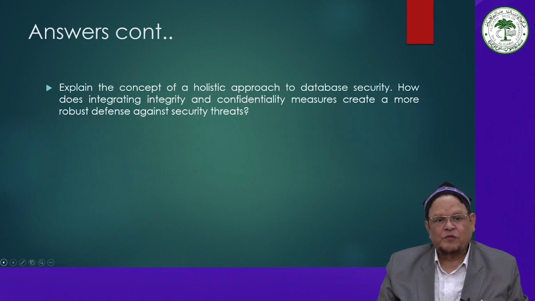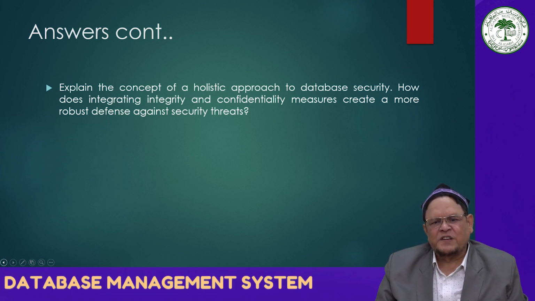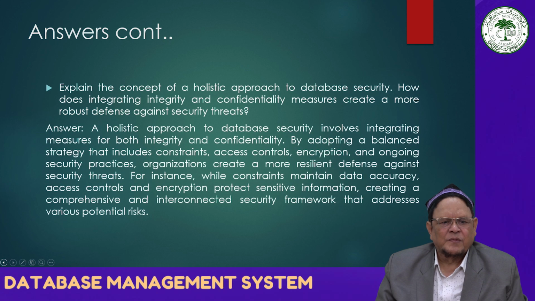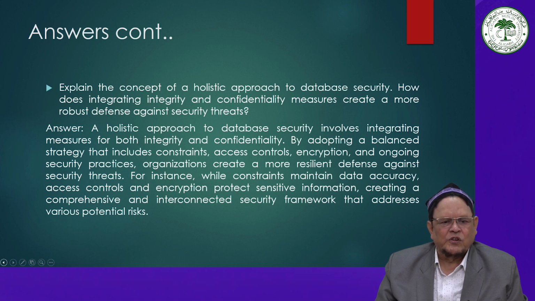Explain the concept of a holistic approach to database security. How does integrating integrity and confidentiality measures create a more robust defense against security threats? The answer is, a holistic approach to database security involves integrating measures for both integrity and confidentiality by adopting a balanced strategy that includes constraints, access control, encryption, and ongoing security practices.